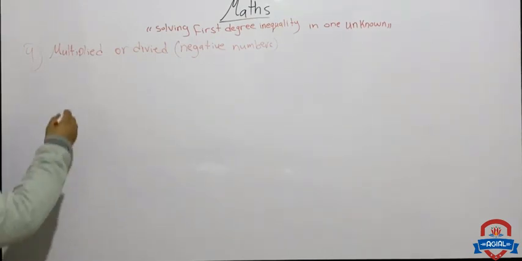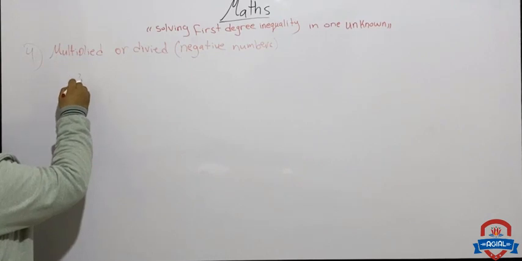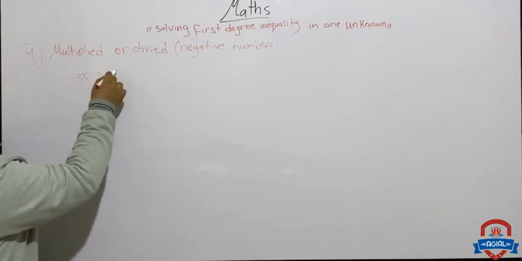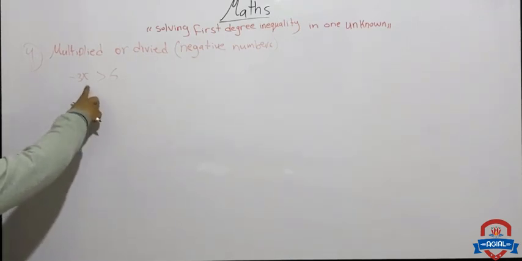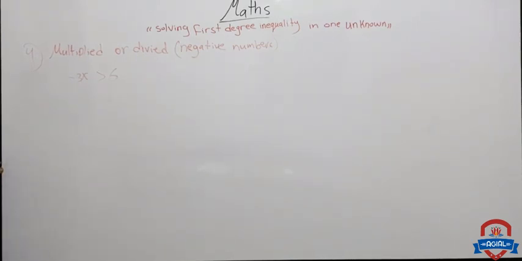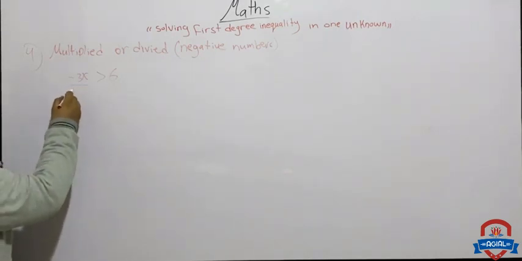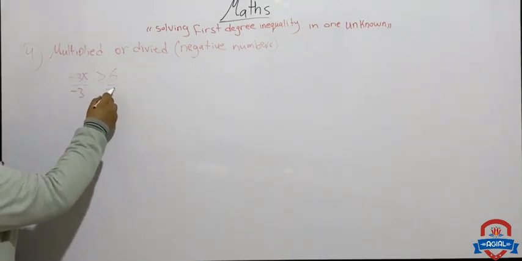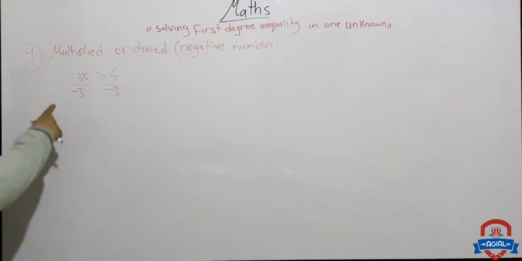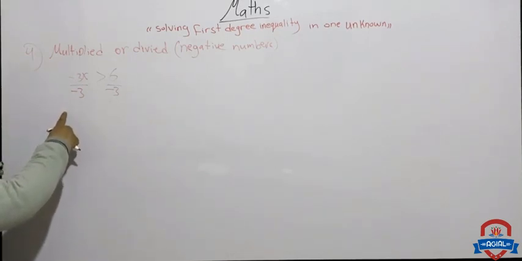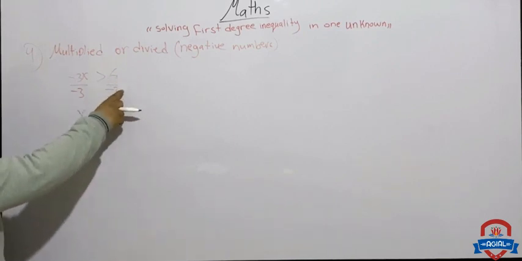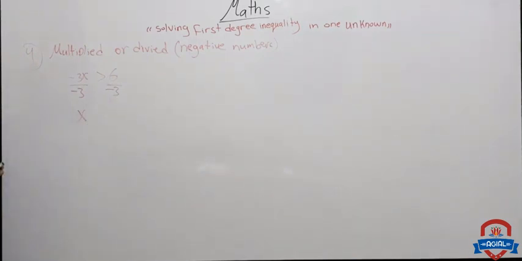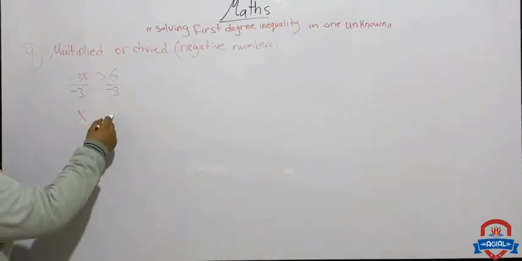For example, if we have this inequality, -3x is more than 6, we need to divide both sides by -3. -3 divided by -3 equals 1, so the left hand side equals x. 6 divided by -3 equals -2.